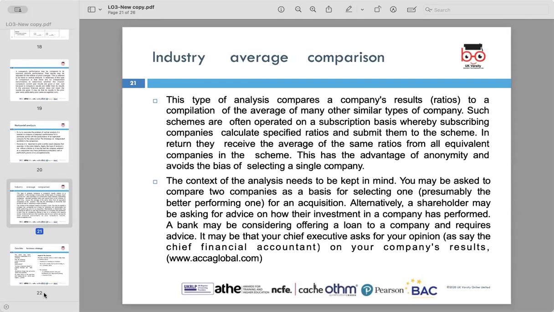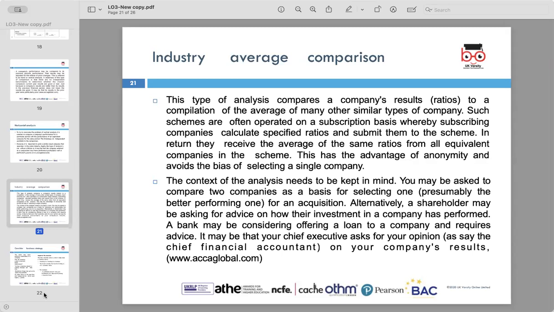Industry average comparison, another approach in financial analysis, involves comparing company performance metrics such as ratios against industry averages. This method relies on data compiled from a wide range of companies within the same sector, often through subscription-based schemes.